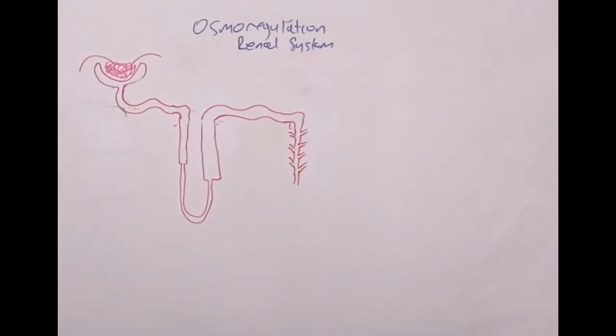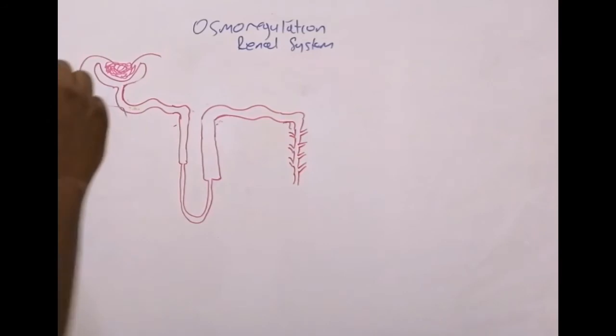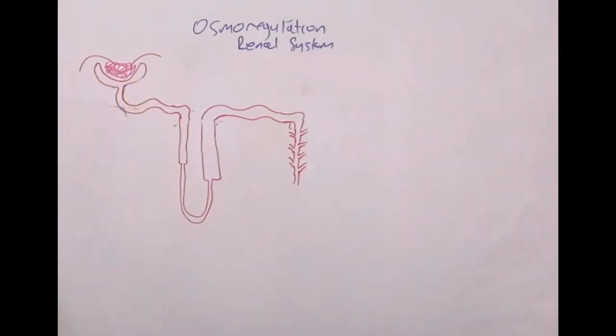Now there are two systems, or two mechanisms, that the kidney uses to do this function of osmoregulation, to reabsorb water or to release water.